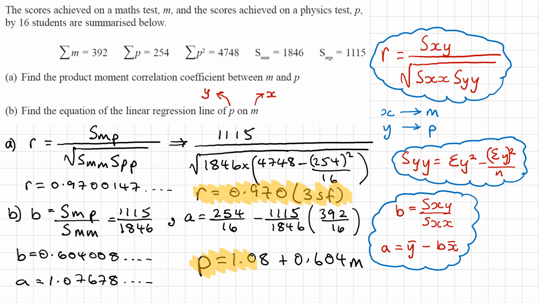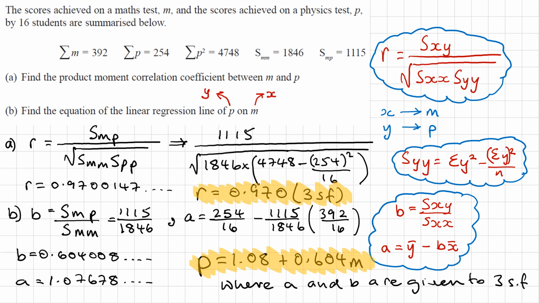And I'll just put down that my values of A and B are given or rounded to three significant figures.